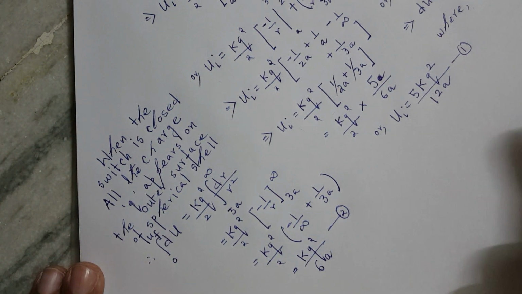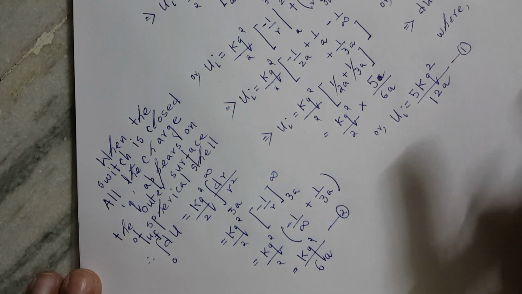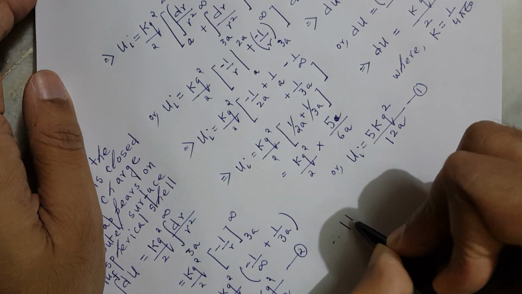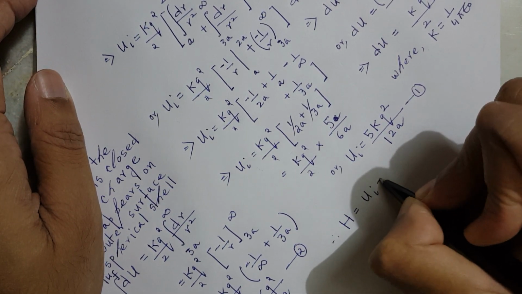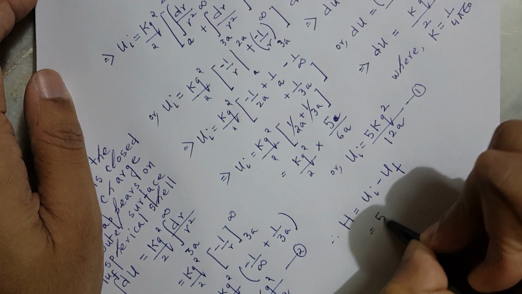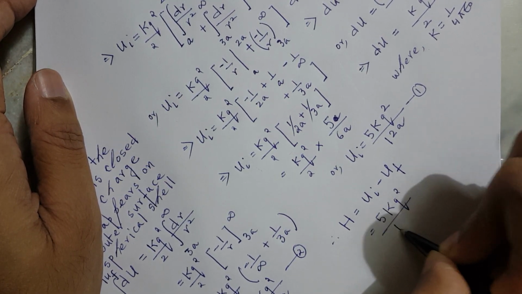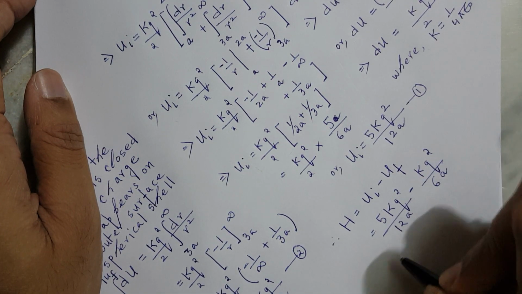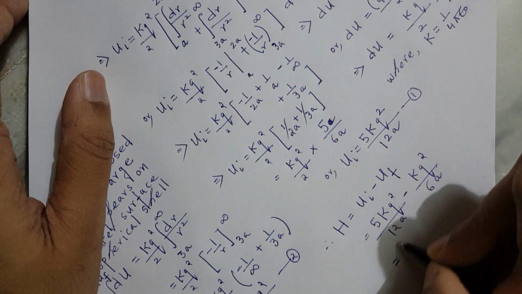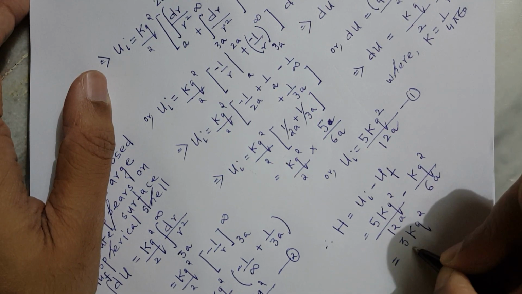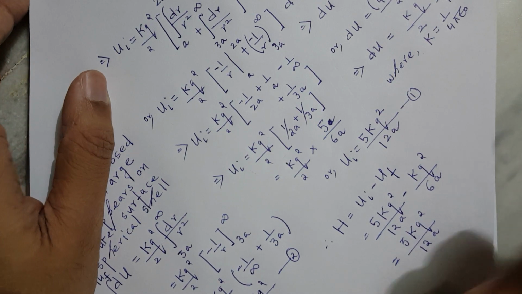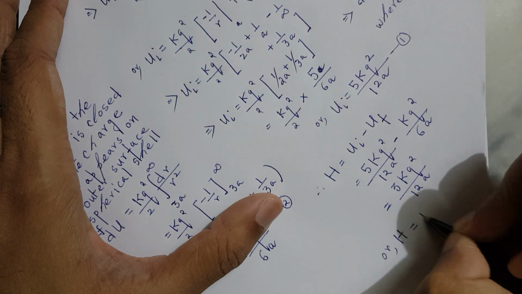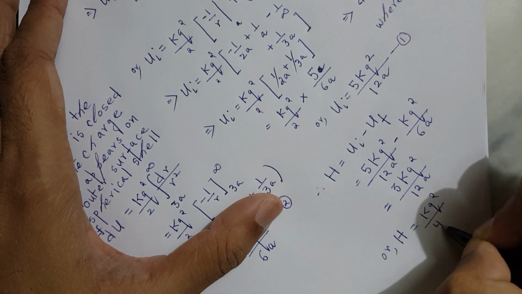So once we have got the initial energy, we have got the final energy. So how much heat is produced? Therefore heat produced H is equal to Ui minus Uf, 5kq square by 12a minus kq square by 6a, and this will give you 3kq square by 12a, or the heat produced H is equal to kq square by 4a.